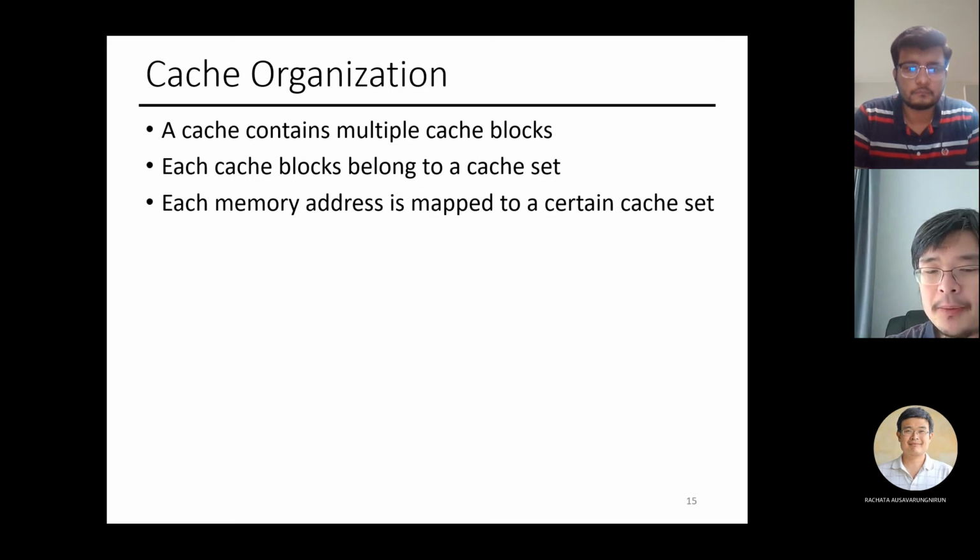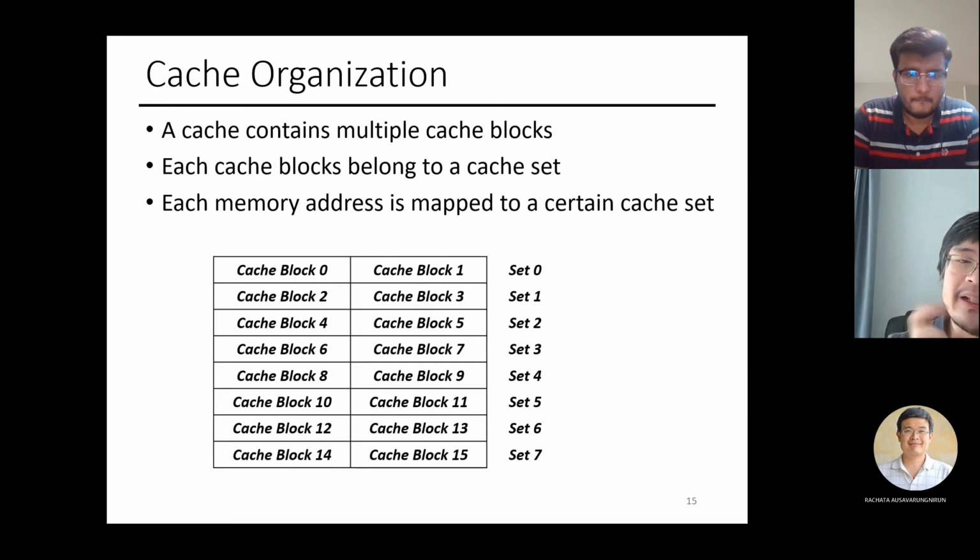So I'm going to draw the figure to visualize this. Let's say I have a cache that fits 16 cache blocks. And I say there are 8 sets. In that case, if there are 8 sets and 16 cache blocks, it means that each set would have 2 blocks. You treat a cache set as a mathematical set as well, but it has to have strictly this number of cache blocks in a set.